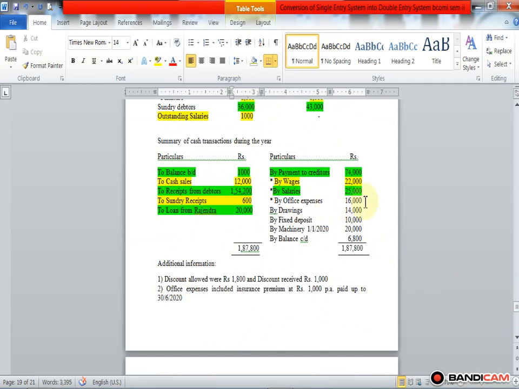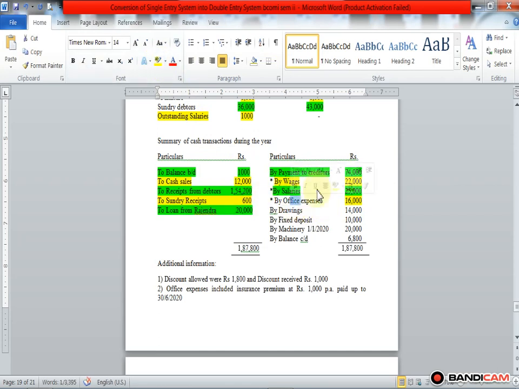Then office expenses, but adjustment is given on office expenses, that is the insurance premium is paid up to 30 June 2020. Okay, 30 June 2020 is included in office expenses.